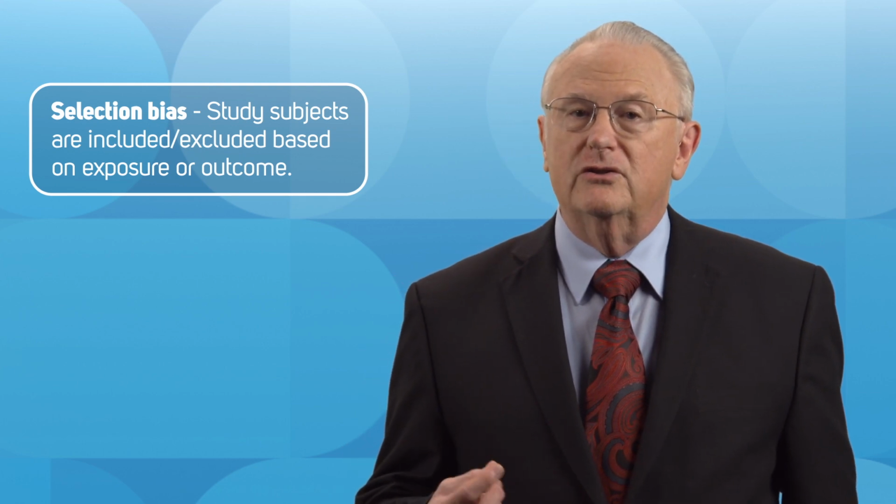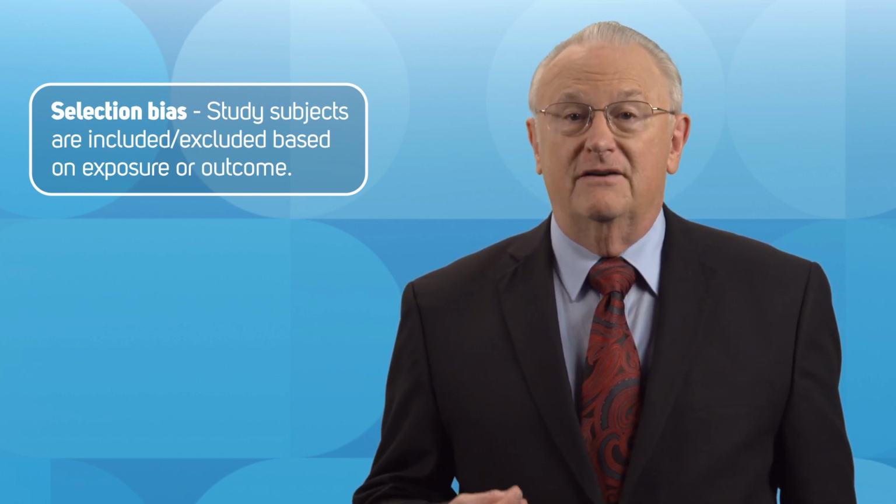Selection bias occurs when there is selective inclusion or exclusion of subjects in relation to exposure or outcome. The healthy worker effect is an example of a selection bias that occurs frequently in occupational studies.